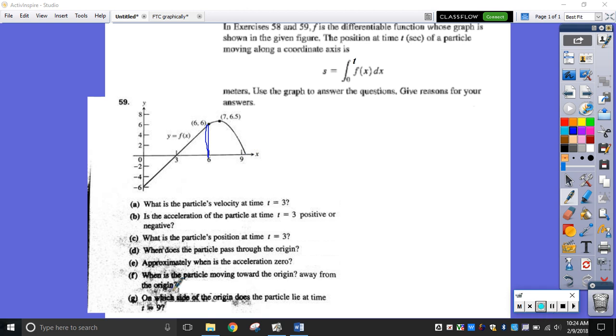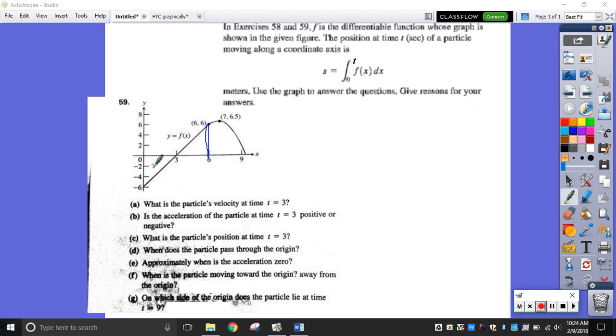The last question reads, on which side of the origin does the particle lie at time t equals 9? And so this is focusing on total distance traveled, accumulation of distance and position. Because if you think about it, if I determine the position at 3 seconds, I would find the area of this triangle, which we discovered to be 9.